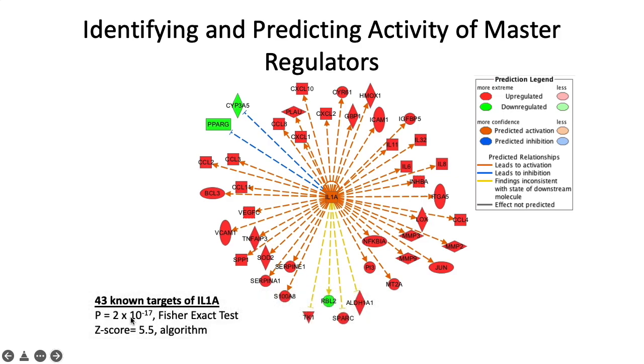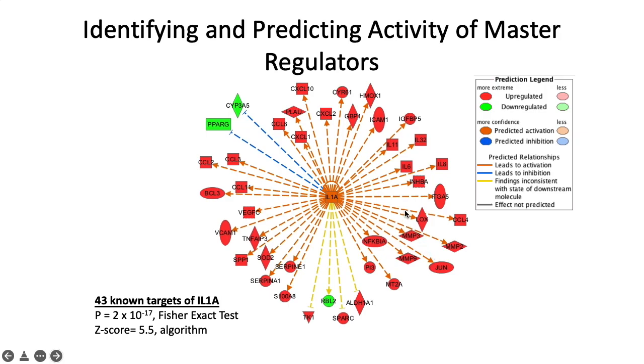That's not random, right? Not only do I now know that interleukin 1A is playing a role in my system, but everything with an orange line, interleukin 1A is known to induce. Everything in red is going up in expression. Everything in green is going down. So all of these in the orange are known to be induced, and they're all going up. These two genes, interleukin 1A is known to inhibit, they're going down.